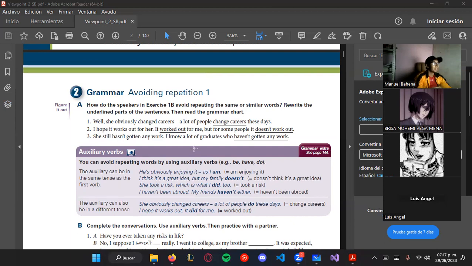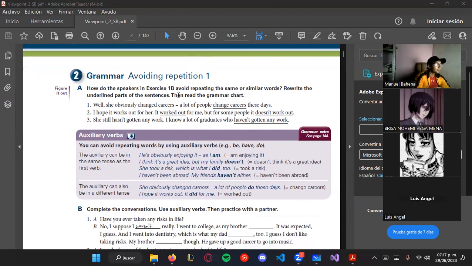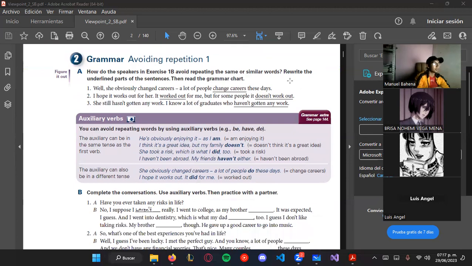Yes. Okay, excellent. So now let's read this grammar chart, which says auxiliary verbs. Auxiliary verbs. Do you remember this? Do you remember the auxiliary verbs? Here are a few examples.